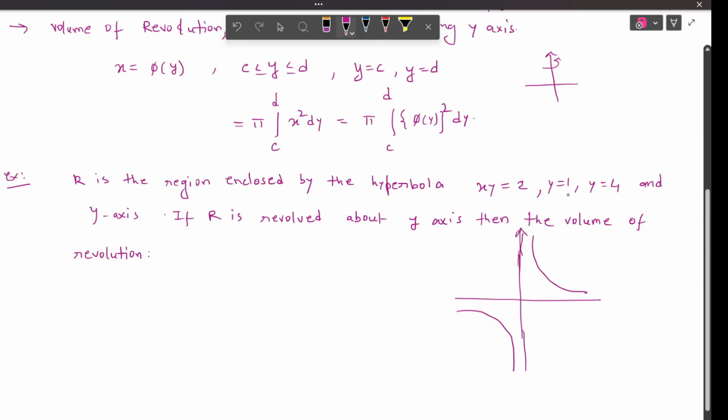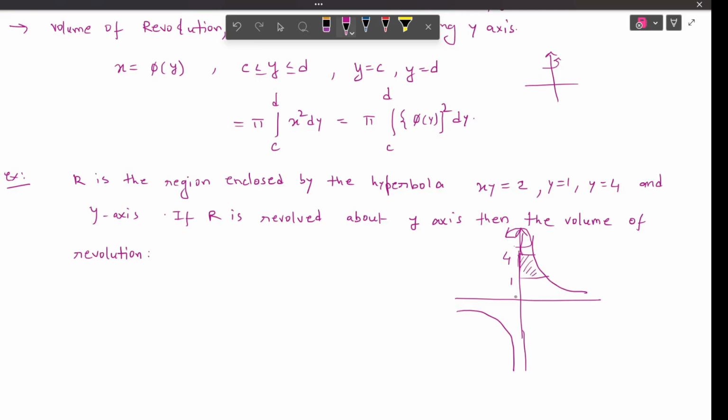And y is 1. Let's say this is y is 1. This is y is 4. And R is revolved around y-axis. So R is revolved around this axis. This region is revolved around y-axis.